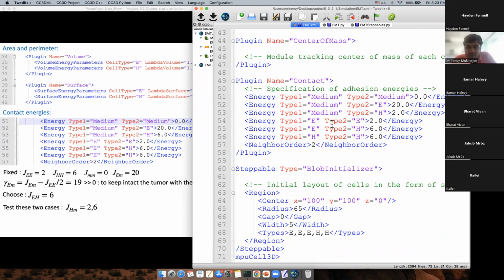Fix everything, we just need to change the medium and H contact energy. Put the other things as they are. We just need to change this. For the time being, just put 2.